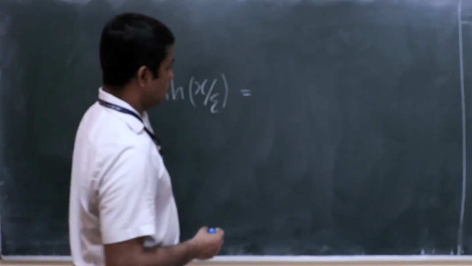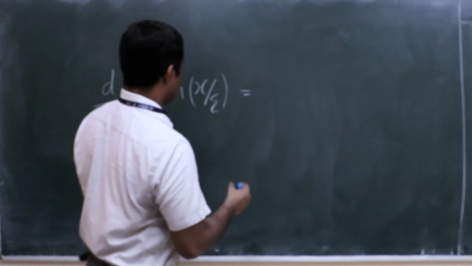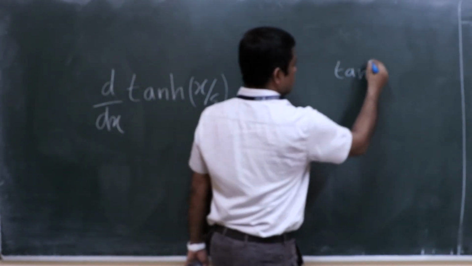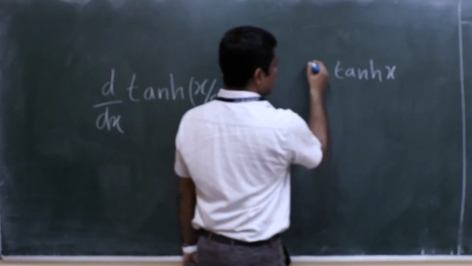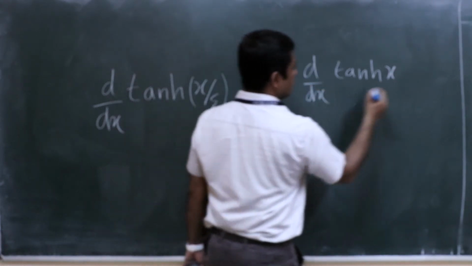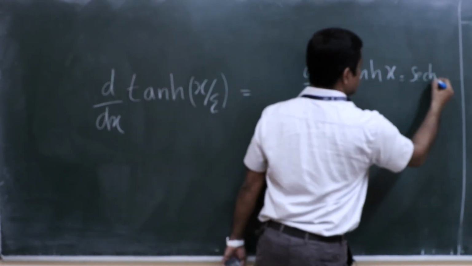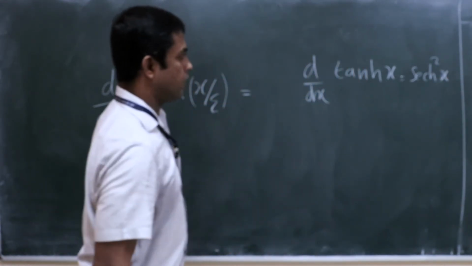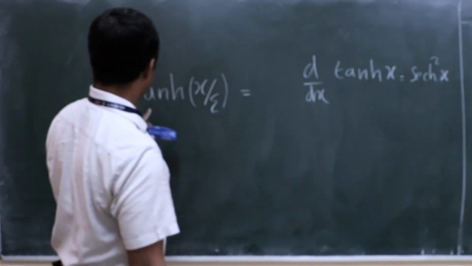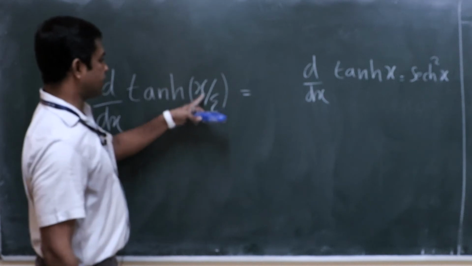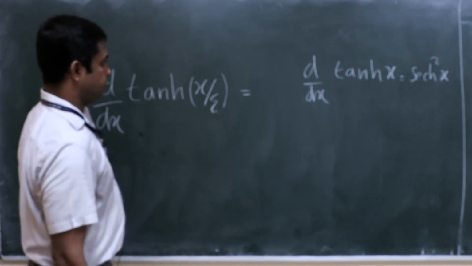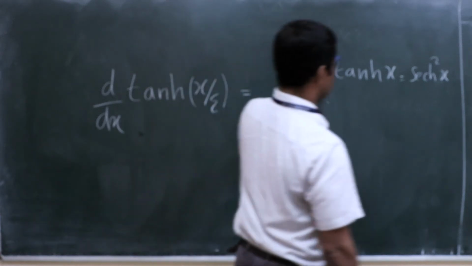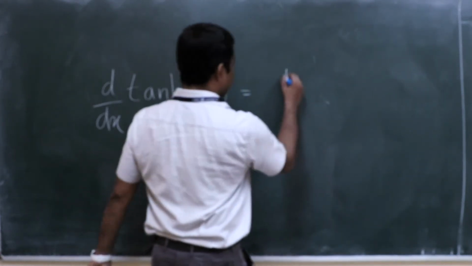So d by dx of tan hyperbolic x is equal to sec h square x. So the derivative of tan hyperbolic x by epsilon is 1 by epsilon sec h square of x by epsilon.